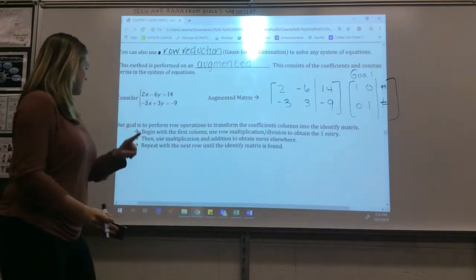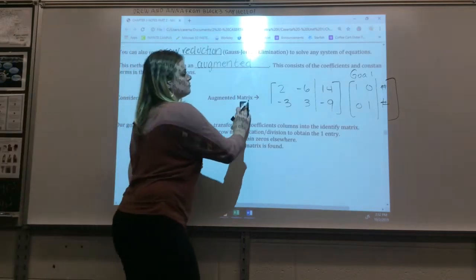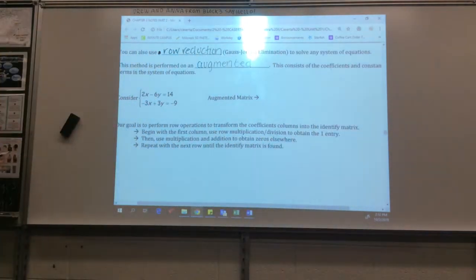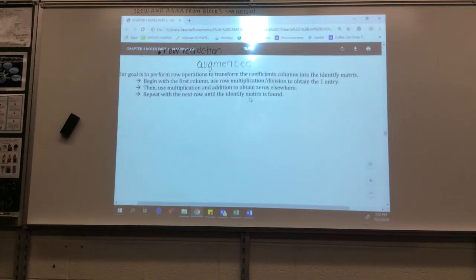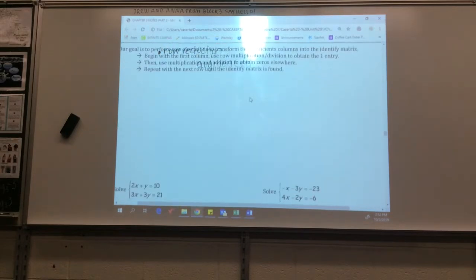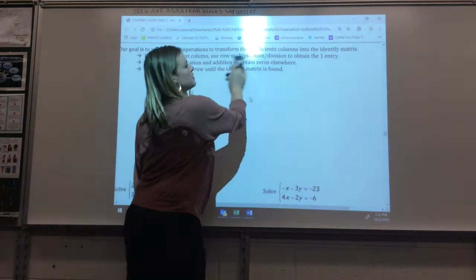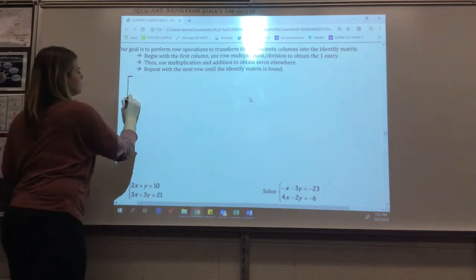So I'm just going to take this matrix, move it down here to solve. It says our goal is to perform operations to transform the coefficients and columns into the identity matrix. So we're going to begin with the first column.